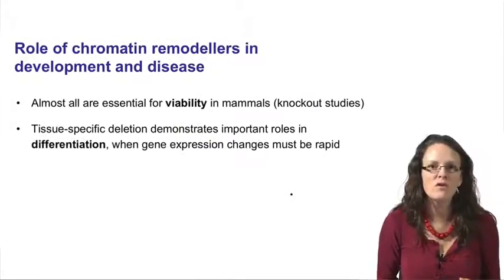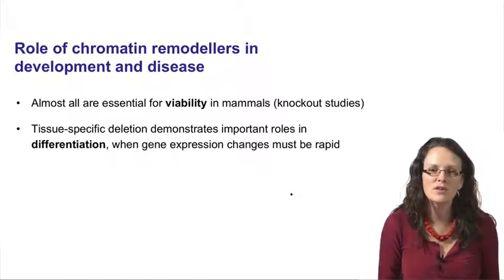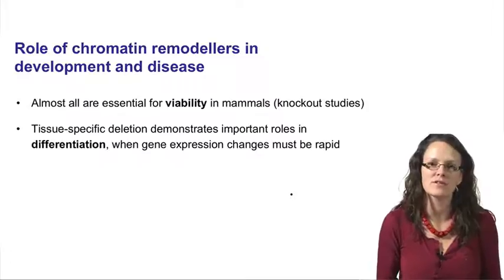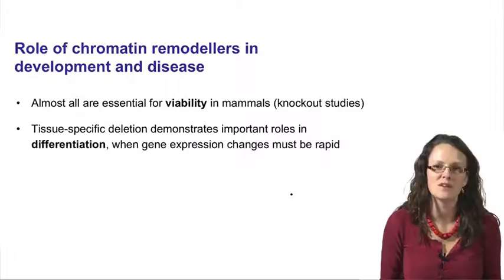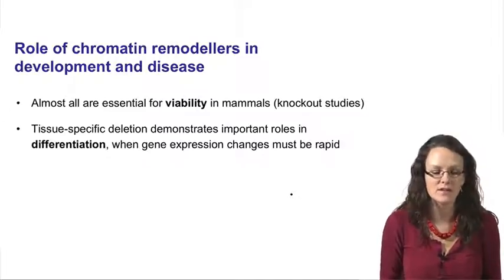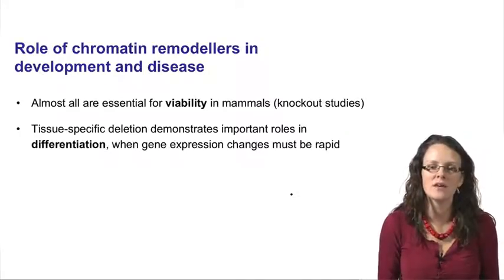So we know that chromatin remodelers are really essential for viability, and we know this from studies that have been performed in mouse. So in mice, what they've done is they've produced knockout strains of mice. So this means that they've deleted particular genes. And if they delete factors that are involved in chromatin remodeling, then this is incompatible with life. In addition, if you delete these chromatin remodelers one at a time in a particular tissue, say for example in the skin, we know that this results in aberrant differentiation.